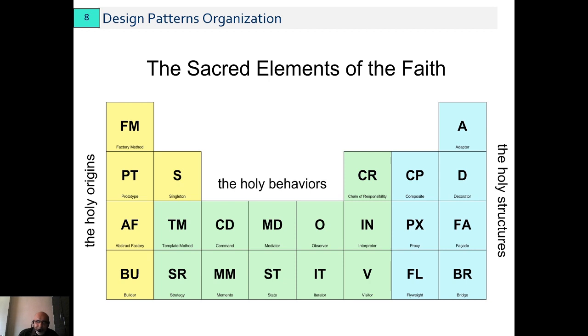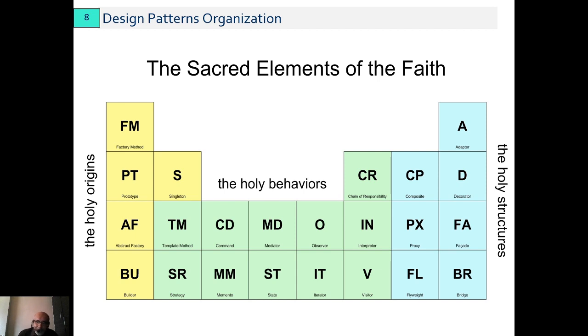So it is known as sacred elements of faith, having holy origins, holy structures, holy behaviors. So three dimensions are there: origins, structures, and behaviors.